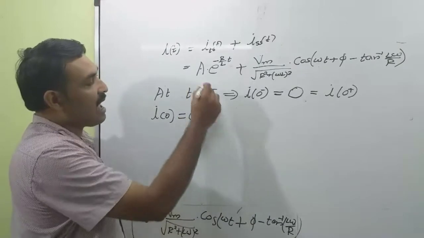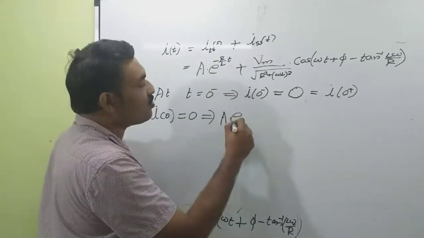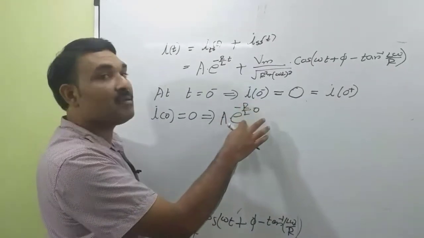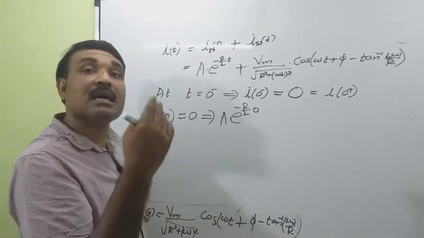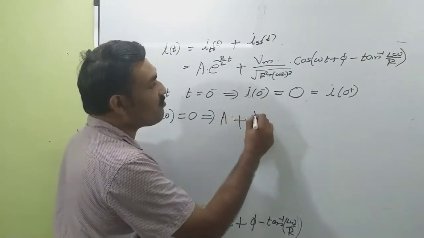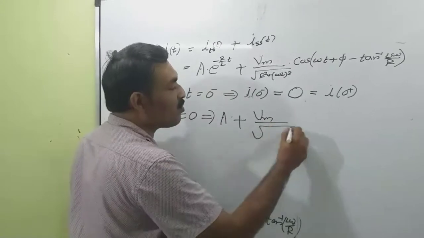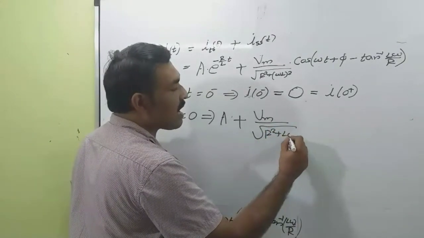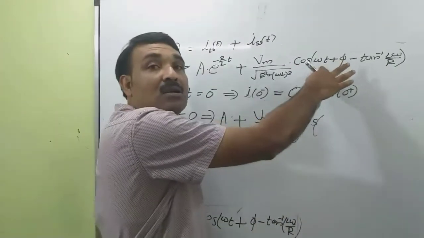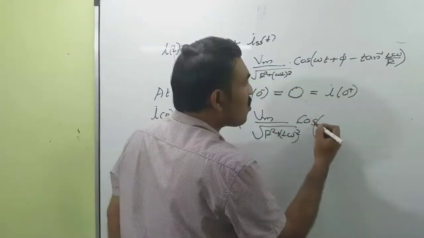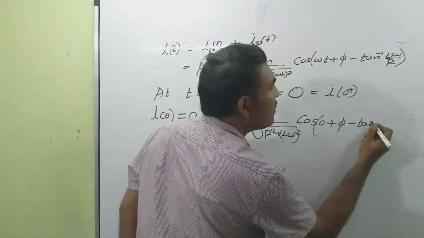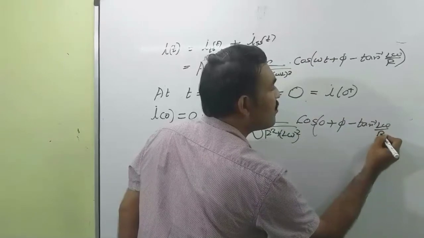This implies A times e raised to minus R by L into 0. e raised to minus R by L into 0 means e raised to minus 0, that is equal to 1. So we can write this is equal to A plus Vm divided by root of R square plus (L omega) square into cos(omega into 0 plus phi minus tan inverse L omega by R).